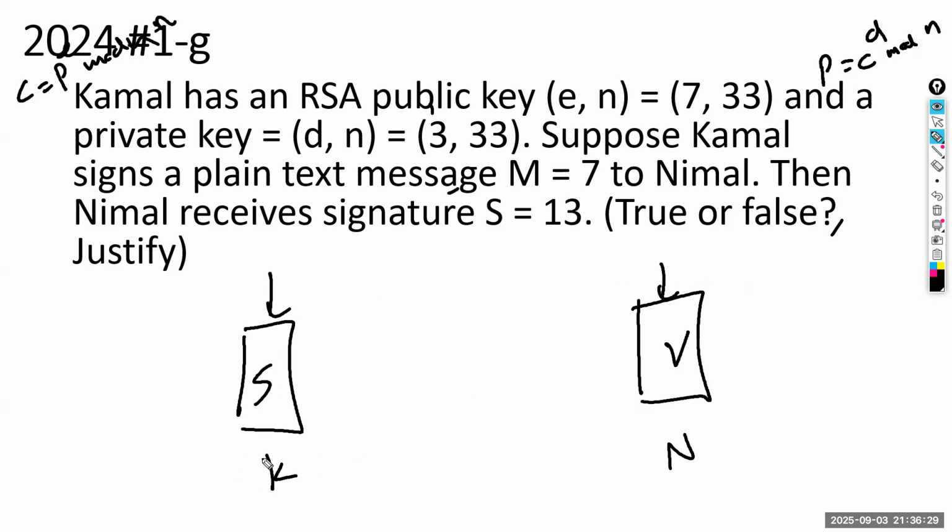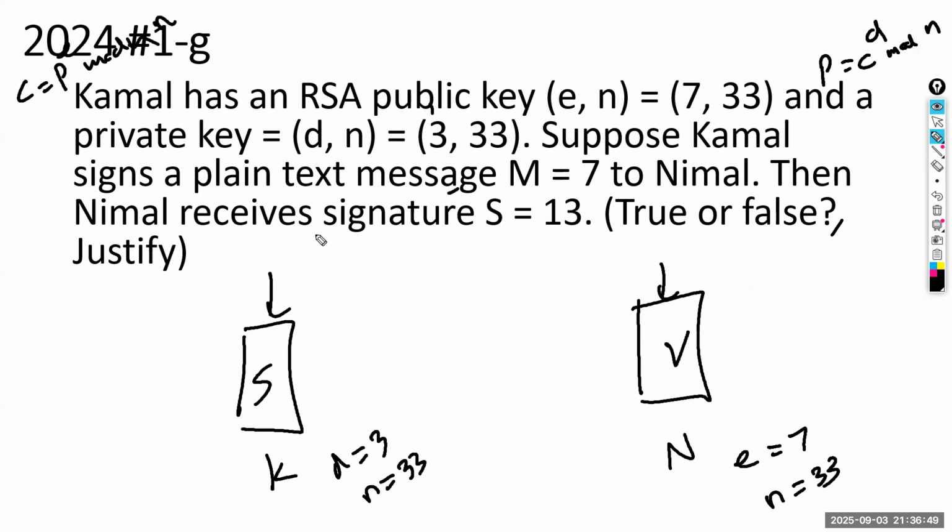So keys are generated by Kamal, and Kamal has a private key. Kamal has an RSA public key. Public key is used here, E equals 7, N equals 33. Private key is used here, D equals 3, N equals 33.